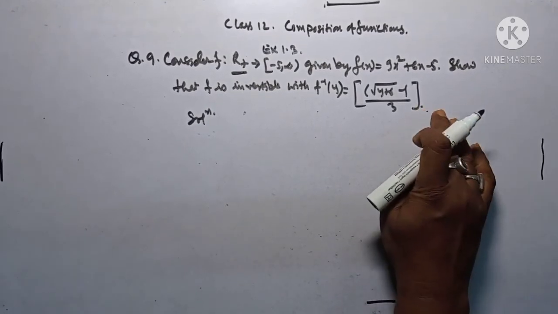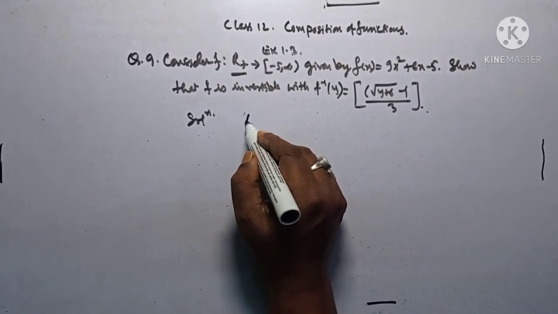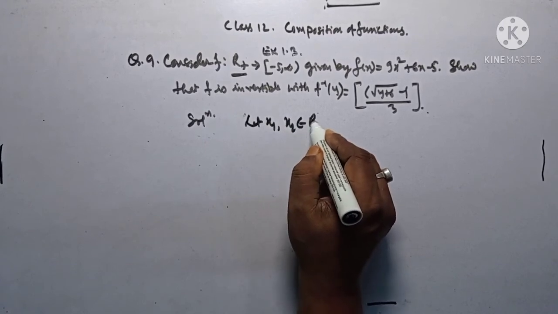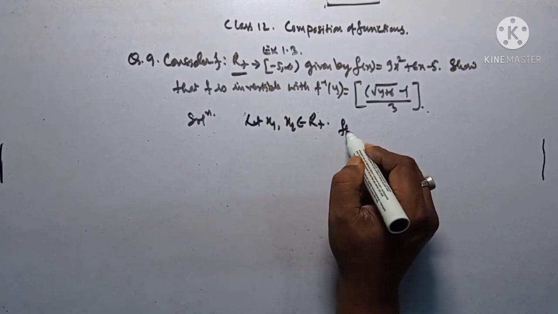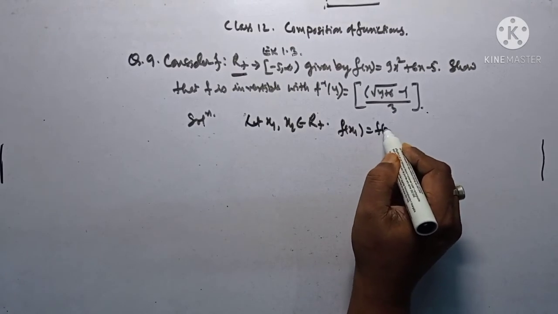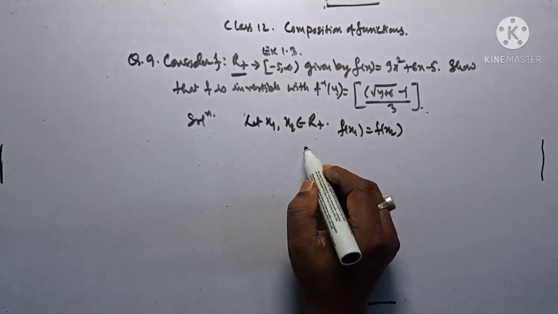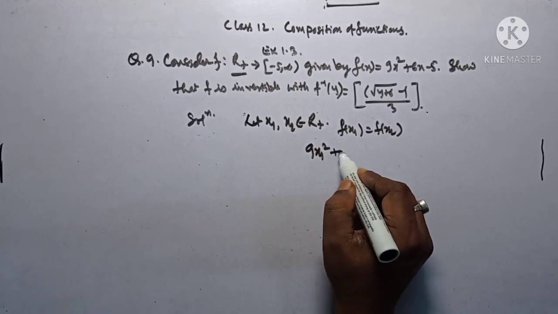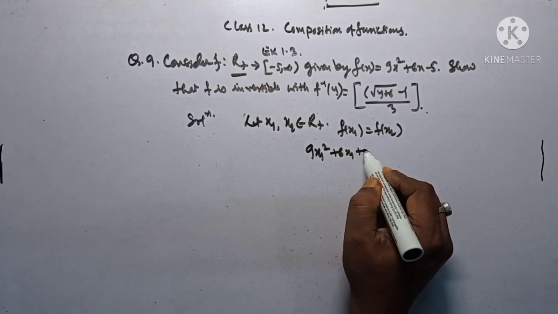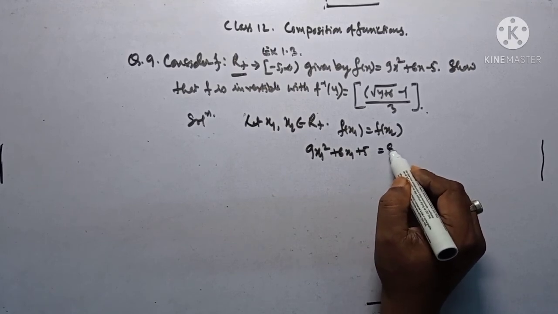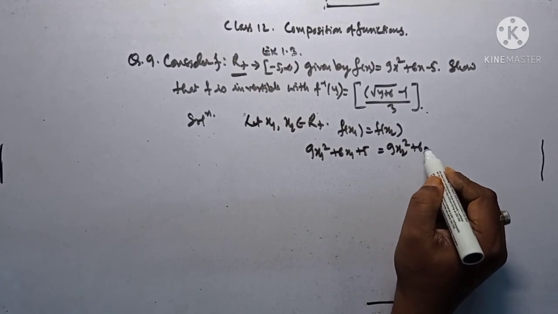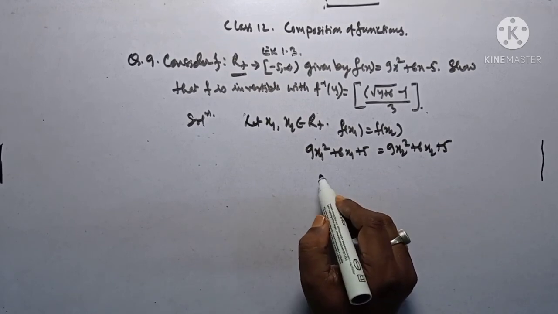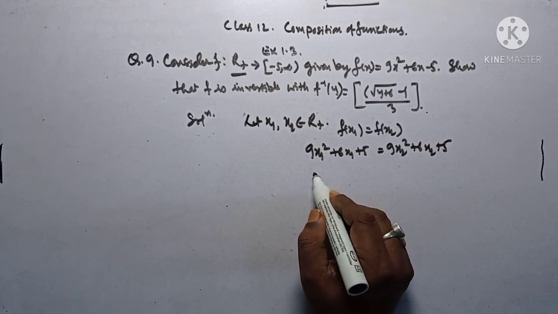For this, let x1 and x2 belong to R plus. So your f(x1) is equal to f(x2). So this becomes 9x1 square plus 6x1 plus 5 is equal to 9x2 square plus 6x2 plus 5. Now these two are equal, 5 cancels out.